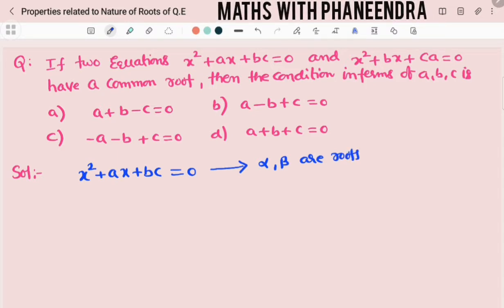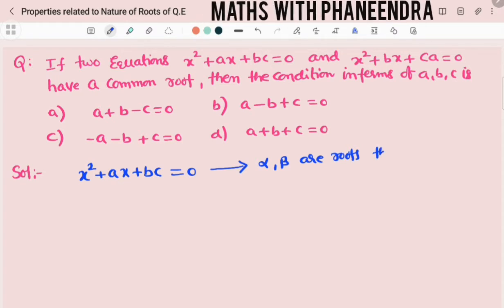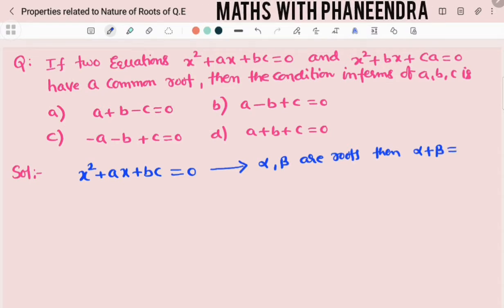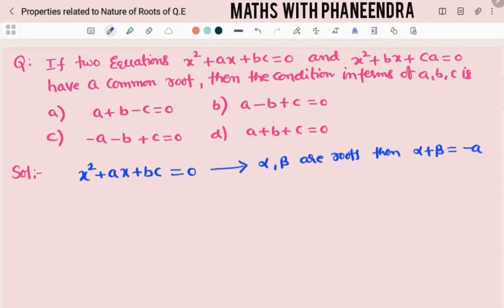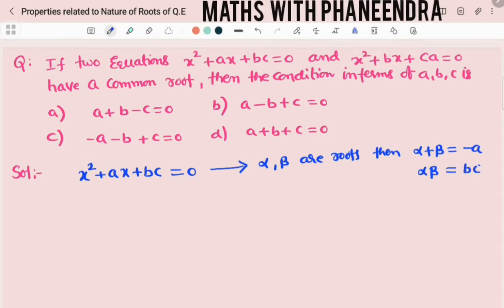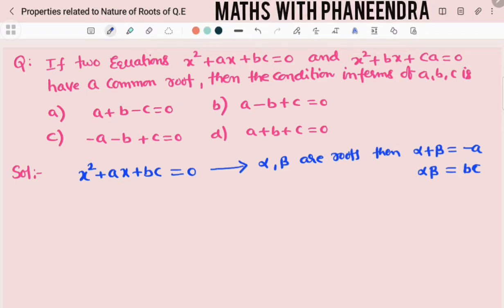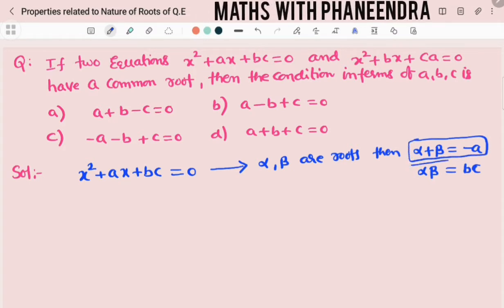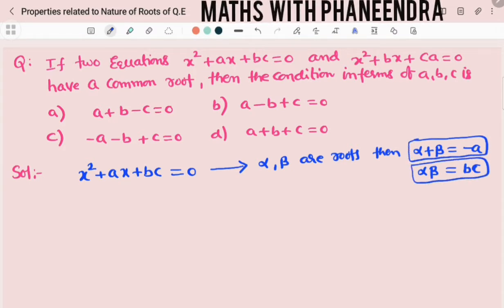Whenever alpha, beta are the roots, we can write the sum and product of the roots. Alpha plus beta is equal to minus b by a, so minus a will come. And the product of the roots is c by a, where c value is bc and a value is 1, so bc. Till here you understand. So we got alpha plus beta and alpha beta values.